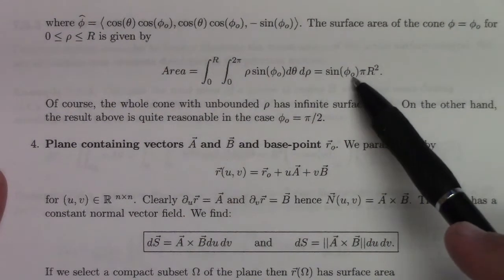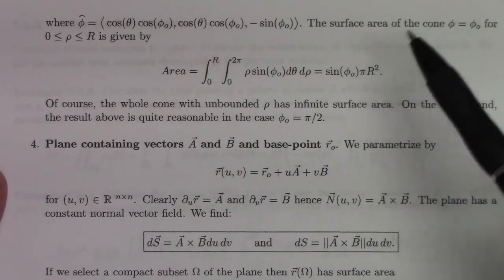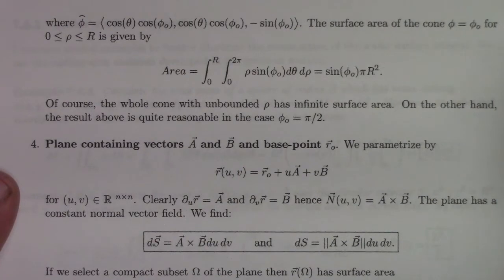Think about this. If the angle for the cone is π over 2, then the cone becomes a circle. Like this cone, if we go all the way to phi naught equals π over 2, and I'm limiting rho from 0 to r, then in this exceptional case right between acute and obtuse angles, the finite cone becomes a disk, and so this reduces.